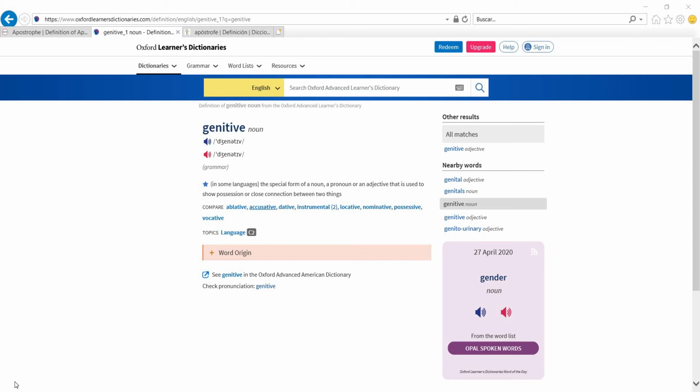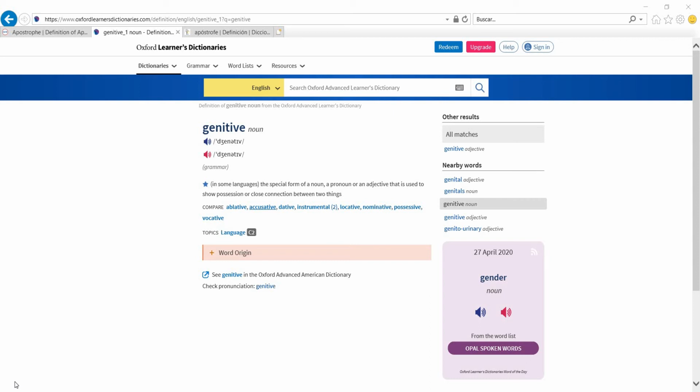And then he has different terms for the other constructions. In the case of the of construction, maybe he says the of possessive, the of construction, the prepositional genitive, right? And also, in order to talk about the apostrophe s, he tells us the apostrophe s or the apostrophe genitive, or the apostrophe s genitive.